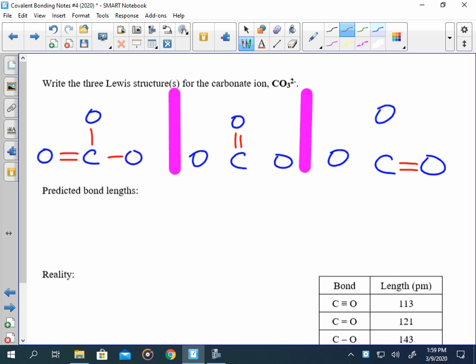Single, single, single, single, single, single. Let's wall off the single bonds. The oxygen that is part of the double bond only has 2 dashes like that.